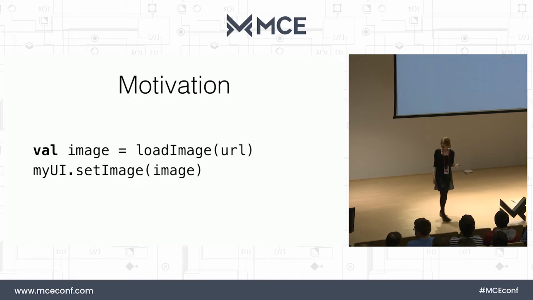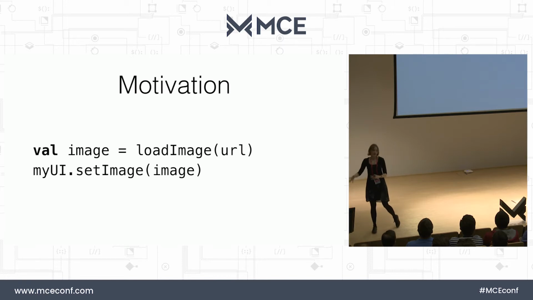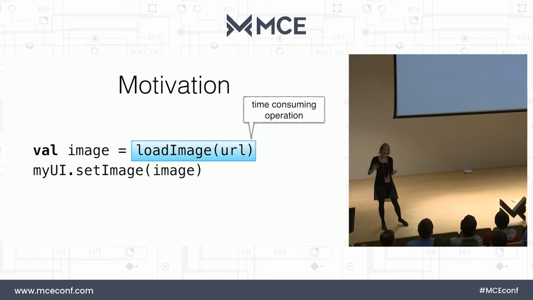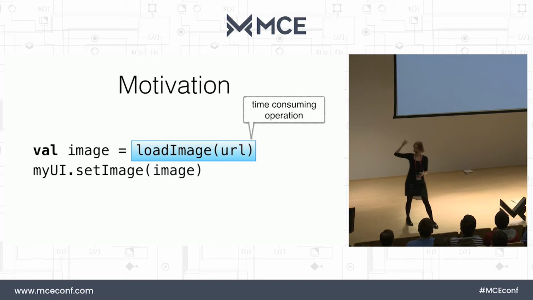Async await. The first example is very simple. There is a very simple piece of code. It's just loading an image, and the question is what's wrong with it. It looks very simple, very straightforward. However, the problem should be obvious: this operation of loading an image might be very time-consuming, and there is a possibility of blocking the thread here.